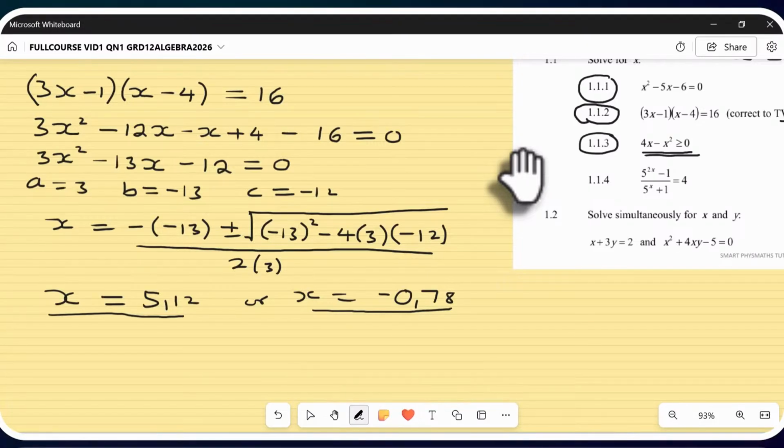In this case our common factor is x, remaining with 4 minus x greater or equals to 0. Now here we must get critical values. So the critical values: either x equals 0, that's our first critical value, then also x equals 4.